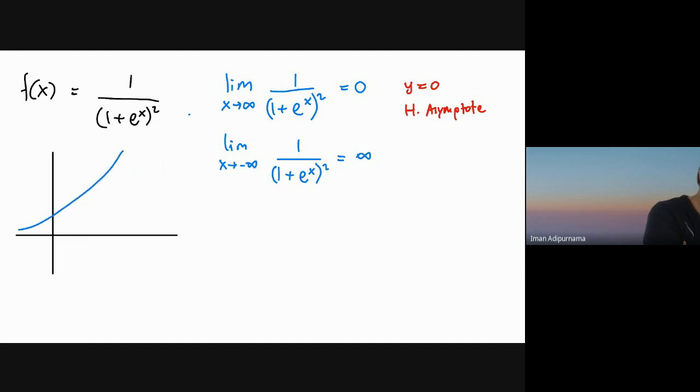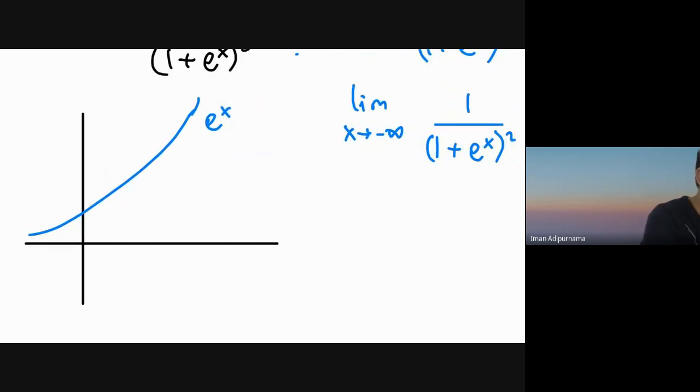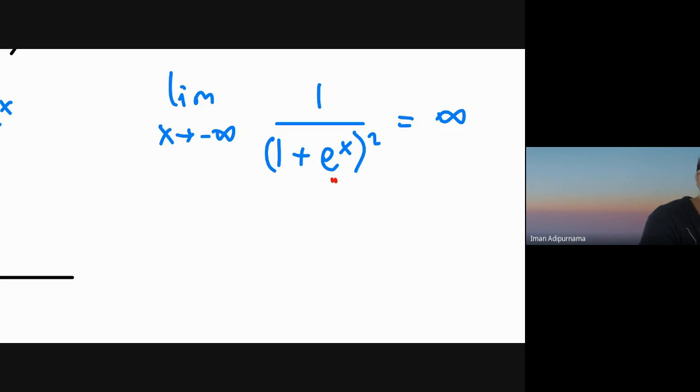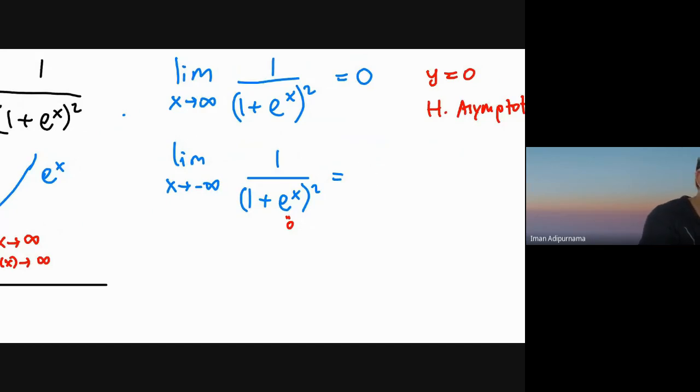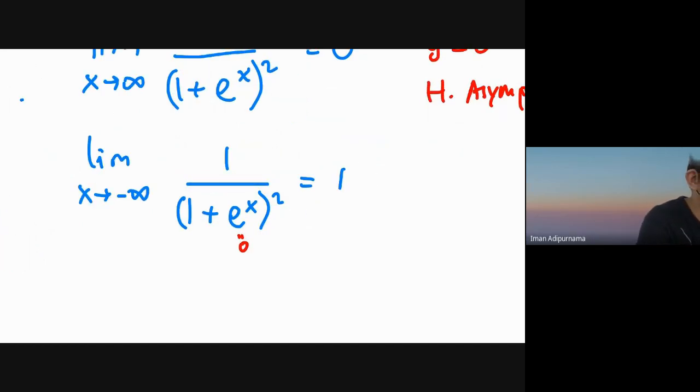If x approaches infinity, f of x also goes to infinity, right? If x goes to negative infinity, f of x goes to 0, right? So this part here is becoming 0. Oh, sorry, why am I writing infinity? It should be 1. Okay, sorry.